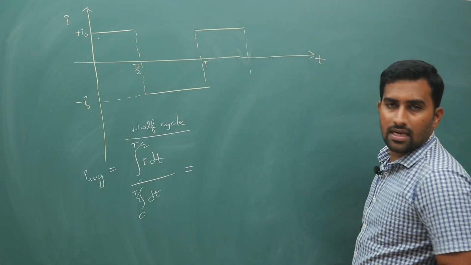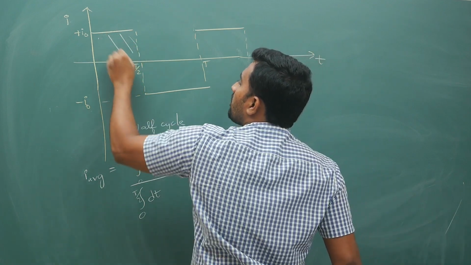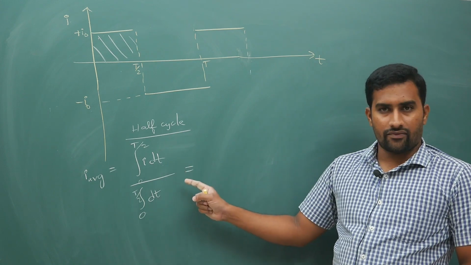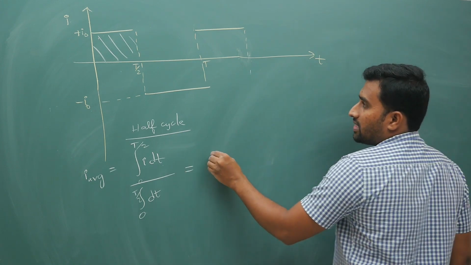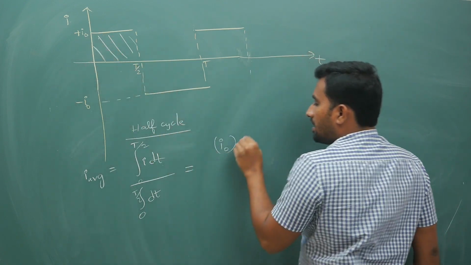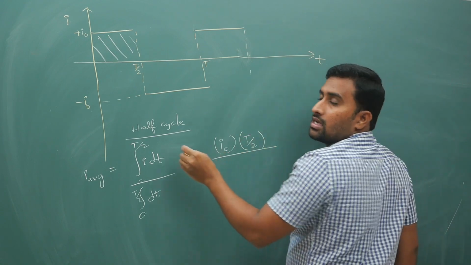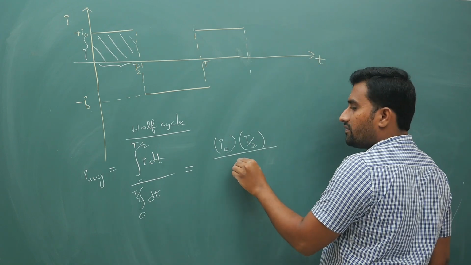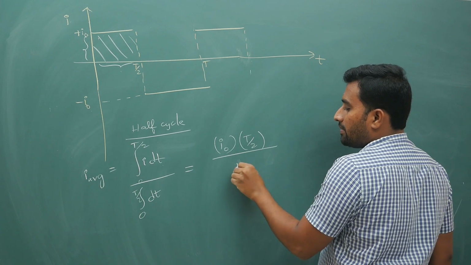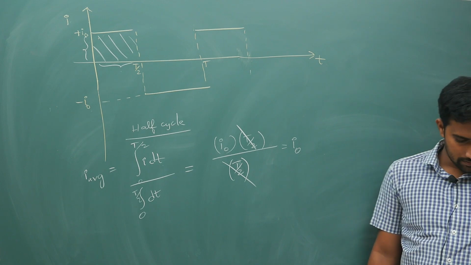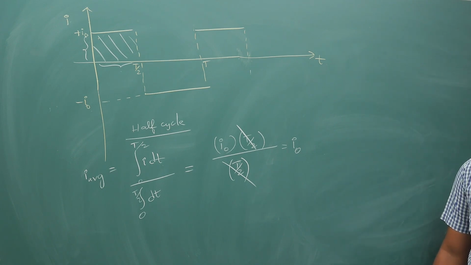Now for half cycle, the area is in the shape of a rectangle, so area is length into breadth. Your length is T by 2, breadth is I naught, so I naught times T by 2, divided by the integral of dt, which is T from 0 to T by 2, upper limit minus lower limit, T by 2. The T by 2 will cancel off. It is simply I naught. This is for half cycle.